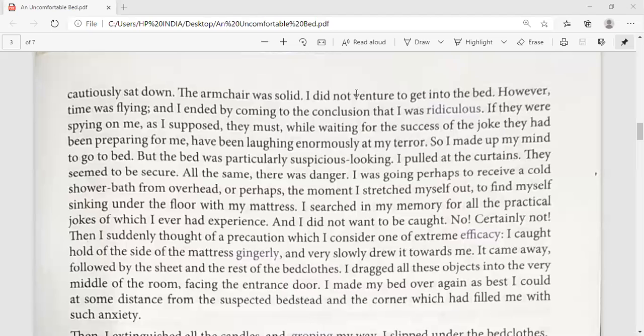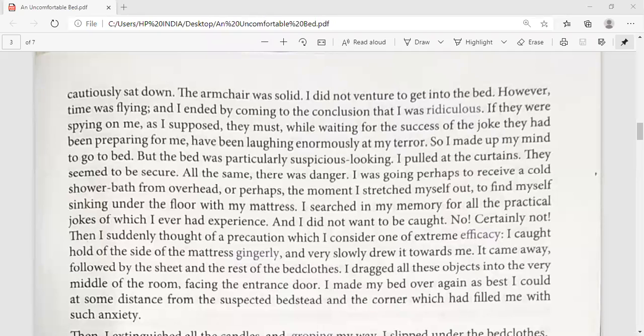I caught hold of the side of the mattress gingerly and very slowly drew it towards me. It came away, followed by the sheet and the rest of the bedclothes. I dragged all these objects into the very middle of the room, facing the entrance door.